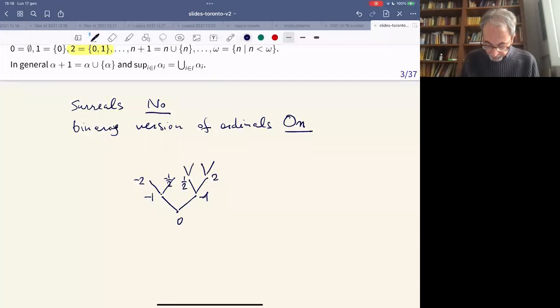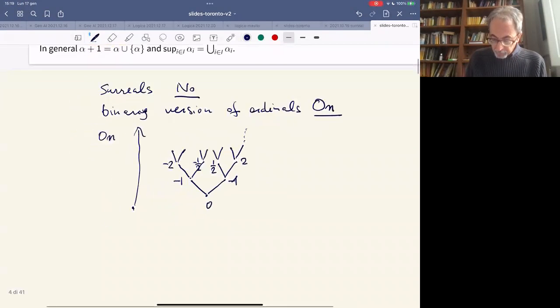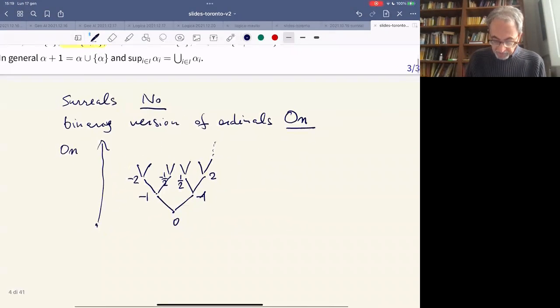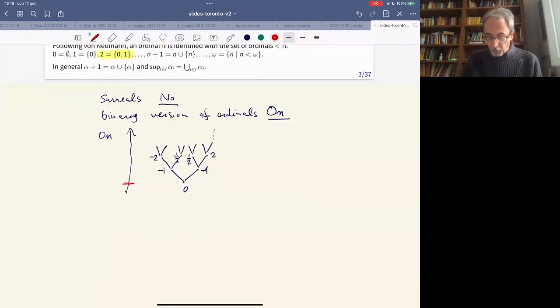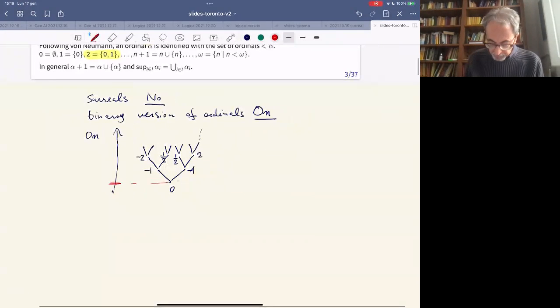So you keep going. So it's a kind of binary tree, but the heights of this binary tree are all the ordinals. So this happens at level 0. On day 0, you have only 0.